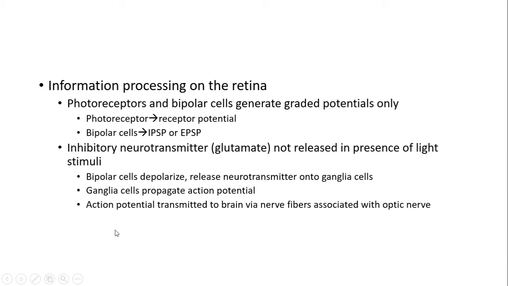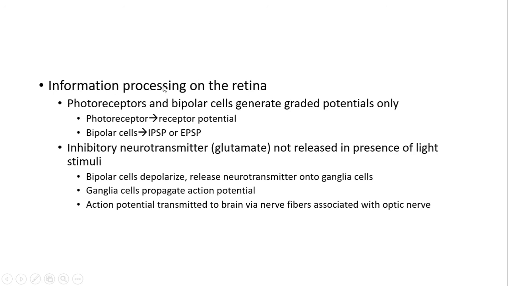Continuing on, information processing on the retina. So we have the photoreceptors and the bipolar cells generate the graded potentials only. We already discussed that, how those only generate graded potentials, and then the ganglion cells themselves are the ones that generate the action potentials.